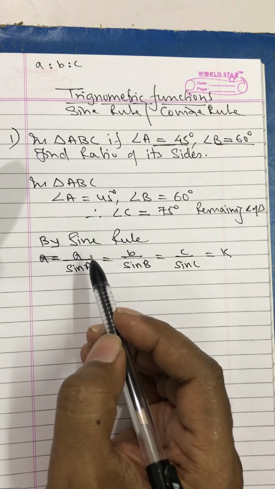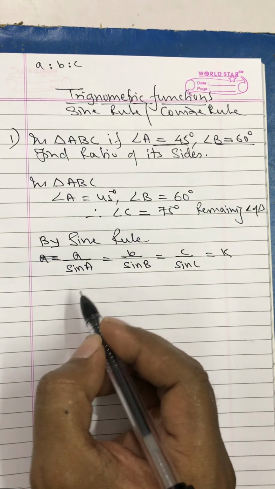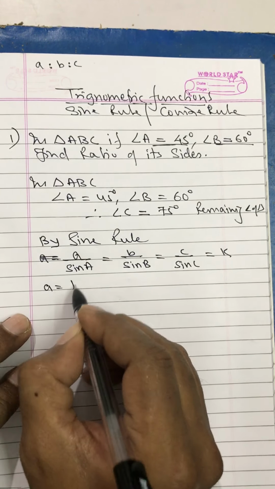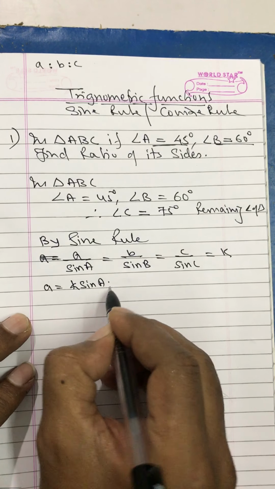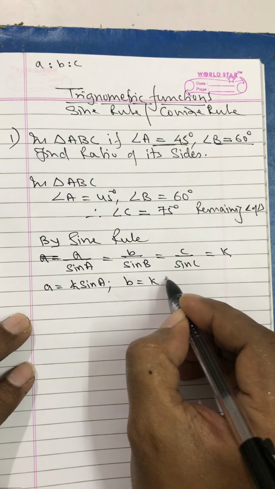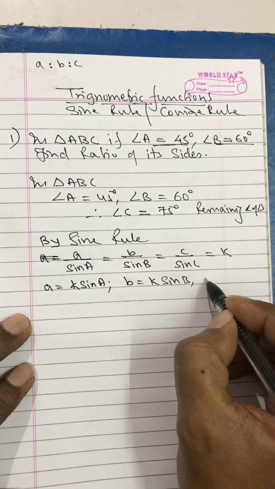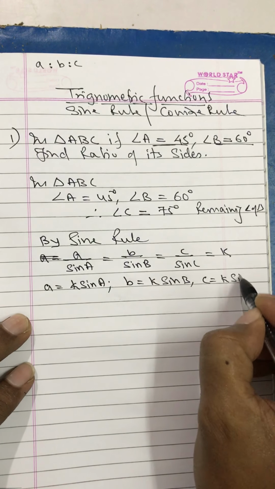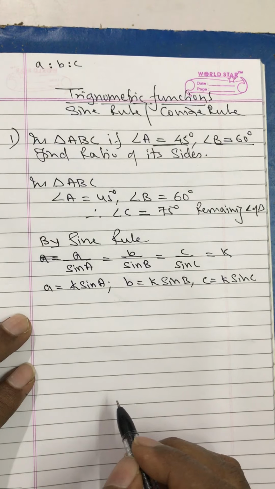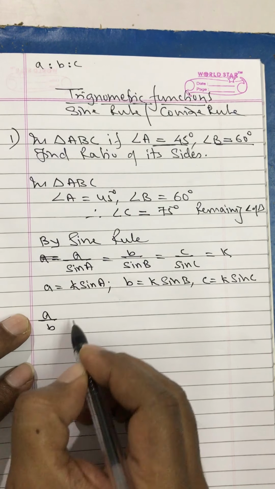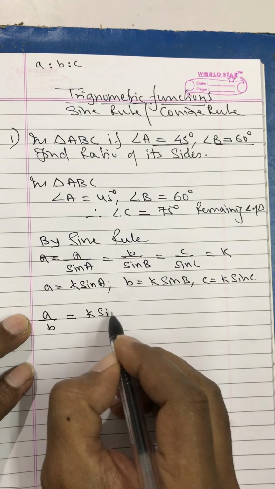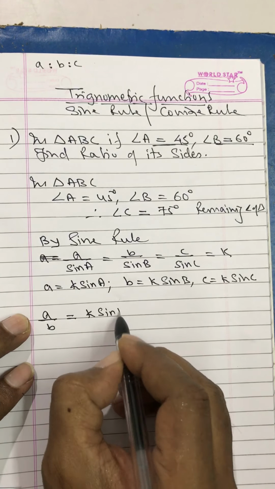I want to find a is to b, means a upon b. a will be equal to k sine A, b will be equal to k sine B, c will be equal to k sine C. These are the values. So a upon b will be equal to k sine A upon k sine B. That will be equal to sine A upon sine B.